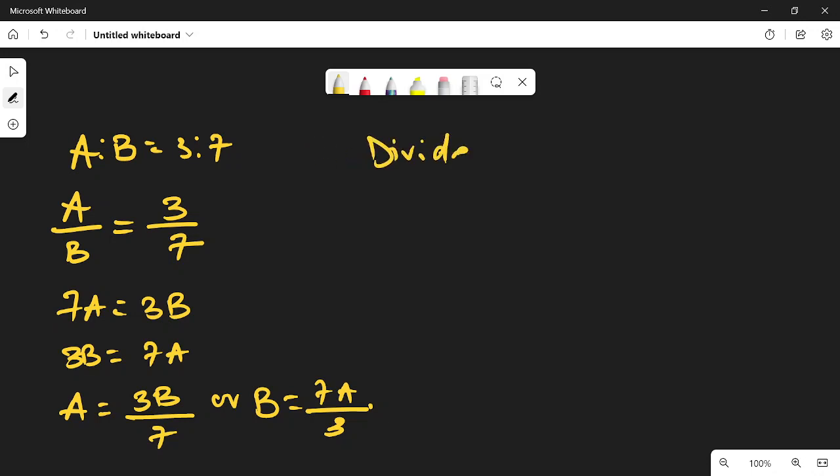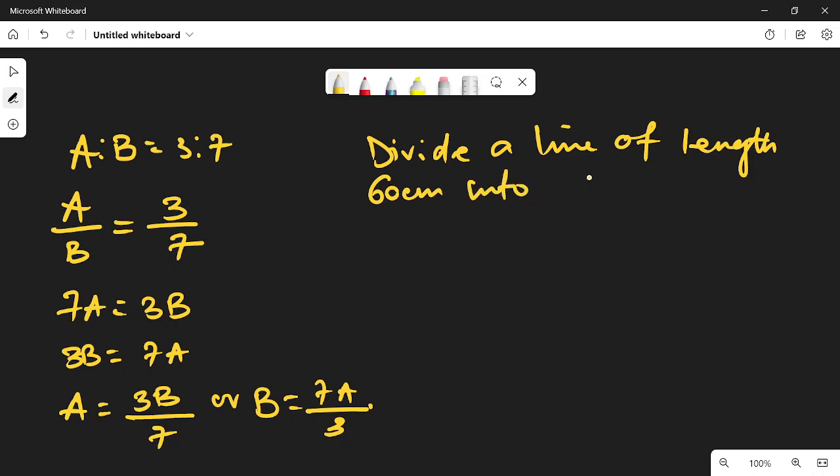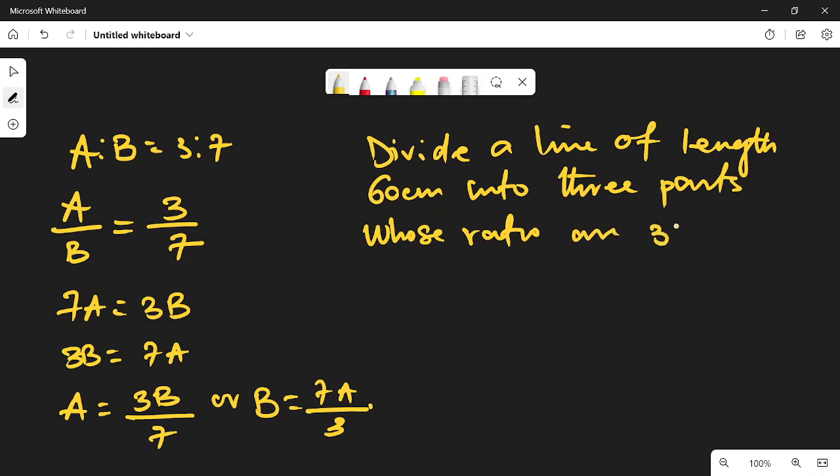If a question says divide a line of length 60 centimeters into 3 parts whose ratio are 3:7:10, we have to divide a line of length 60 centimeters into 3 parts.